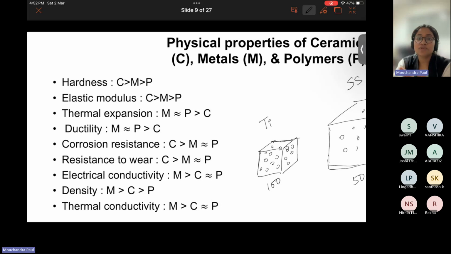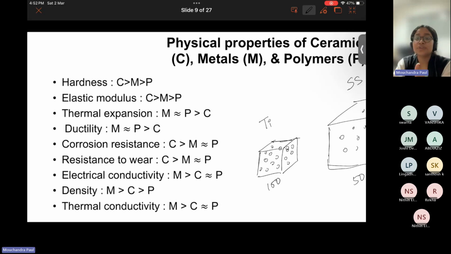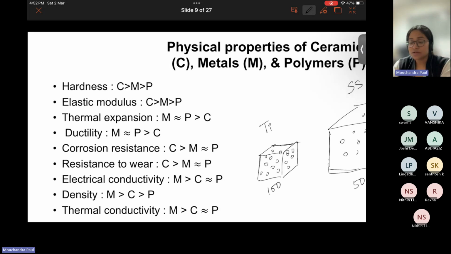You have to use much more advanced techniques to get the desired shapes for a given application. Then elastic modulus, as I told you, is very high for ceramics. Metals can easily allow heat to pass through and expand.